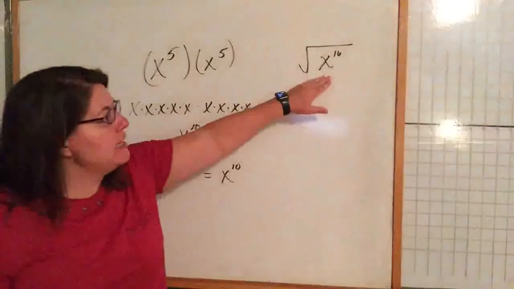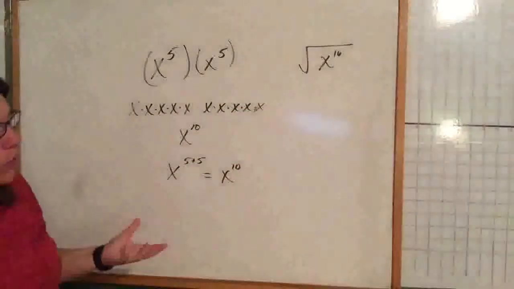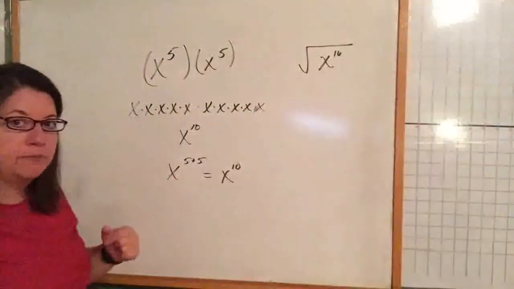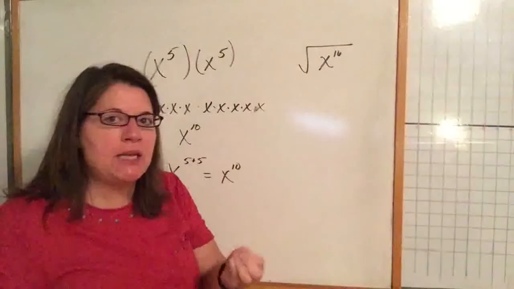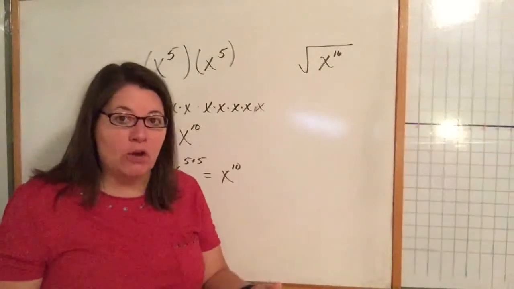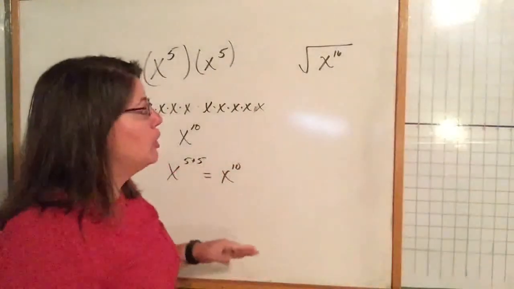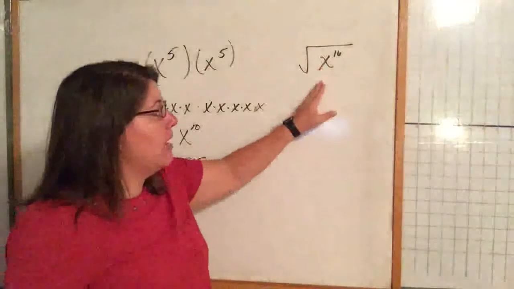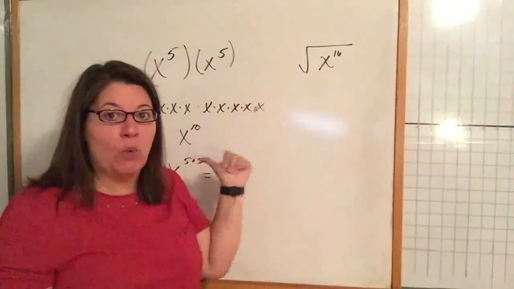So that leads me to the square root of a variable to a power. If we're taking the square root of something, doesn't that mean we're trying to find what multiplies by itself to give us the number inside? What we could do here is write out x 16 times, and every 2 that we have, we can bring 1 out.